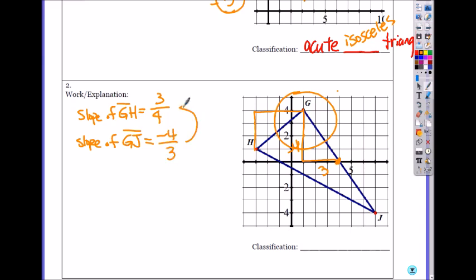When you look at these two slopes, are they the same? Can't be the same, right? One is positive, one is negative. And if they intersect, it will never be parallel, so it will never be the same. But are they flipped, top and bottom, and opposite sign? Yes, that means they are what? Perpendicular. So what kind of triangle is this? It's a right triangle. What about the length?